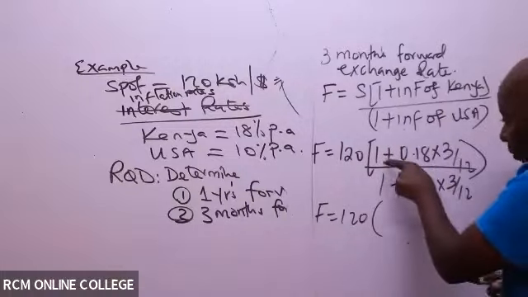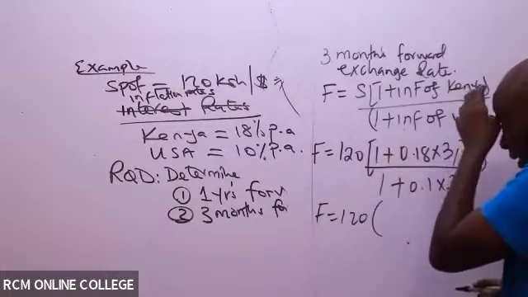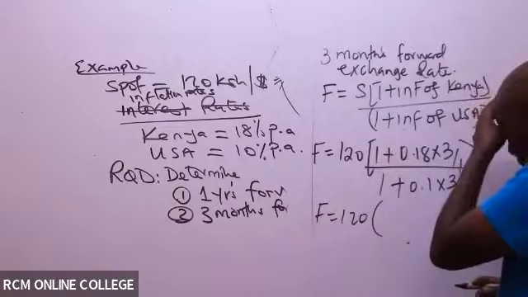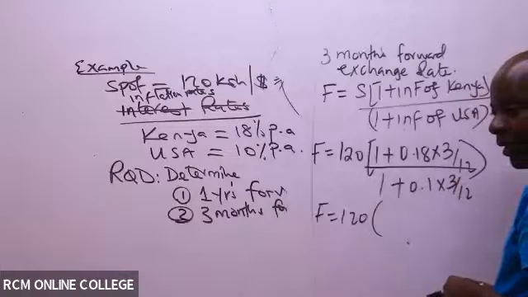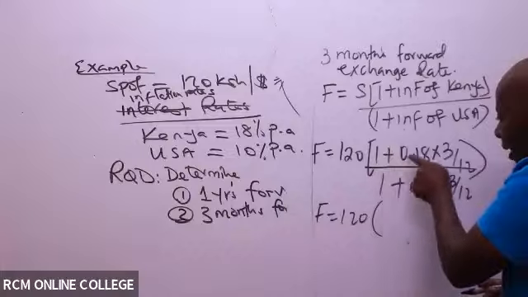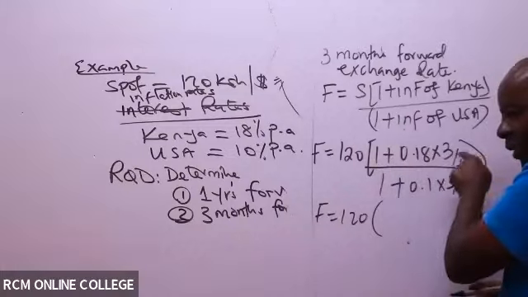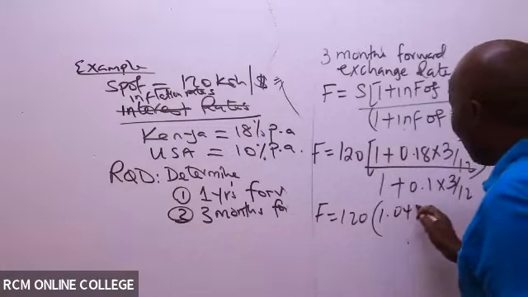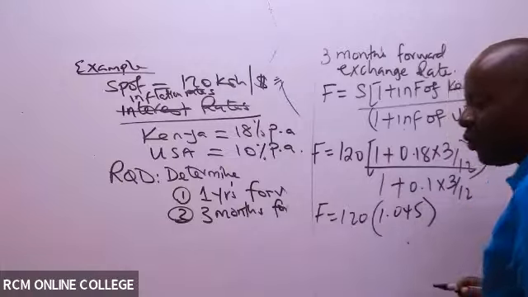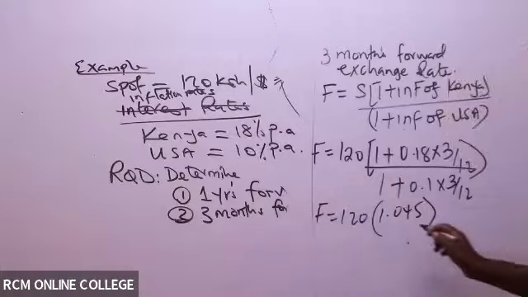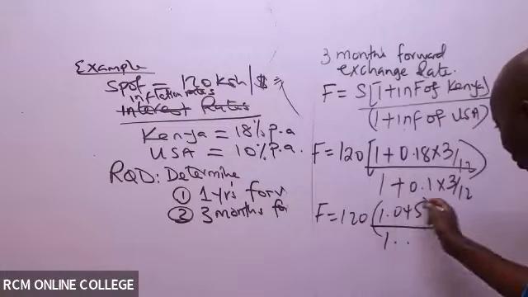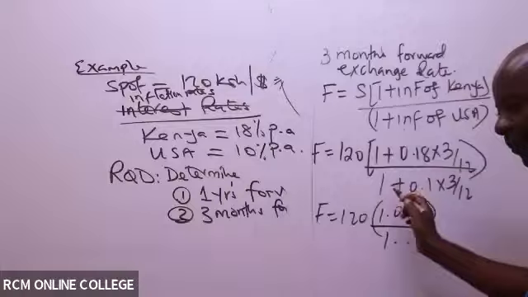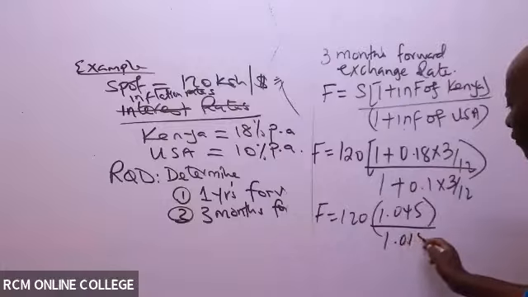What answer are we getting? Somebody give me this answer. 1 plus 0.18 times 3 over 12. 1.045. Thank you very much. 1.045 all over, in this case here, 1.1 here. Somebody give me this denominator. 1.015.